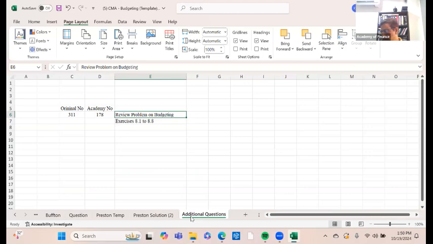It is at the end of the chapter on budgeting. That is somewhat similar to the question that we have done.